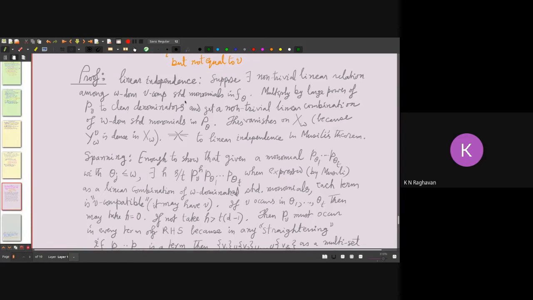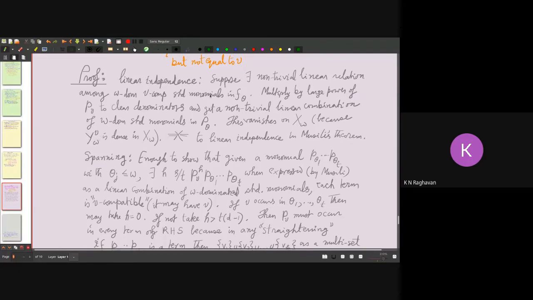And since these are V compatible, if I include a V, it is not going to hurt the standardness, right? And everything is dominated by W, that continues. So I'll get W dominated standard monomials in P theta. But this, however, vanishes on XW because this is an open set in XW and the VW.